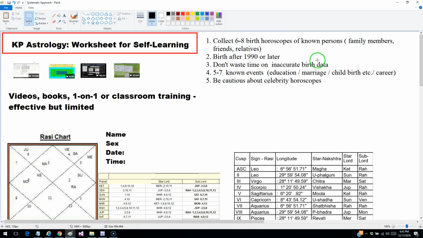The idea is to gather horoscopes where the birth time is already correct, accurate, the chart is correct, because you want to devote more time on enhancing your predictive skills, your analytical skills, rather than wasting time on fixing the birth time.